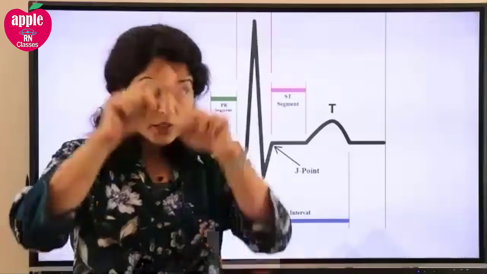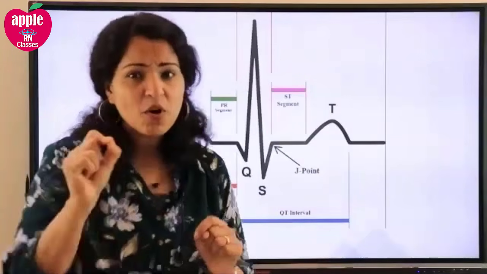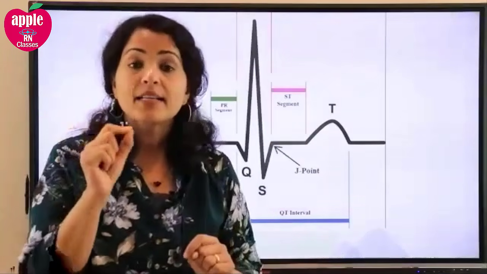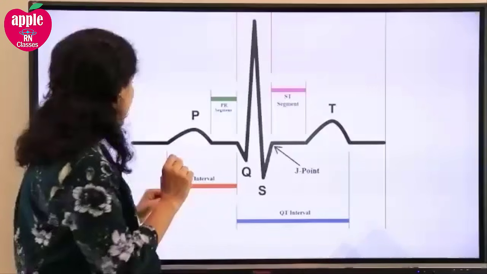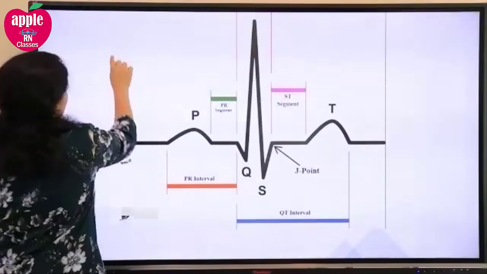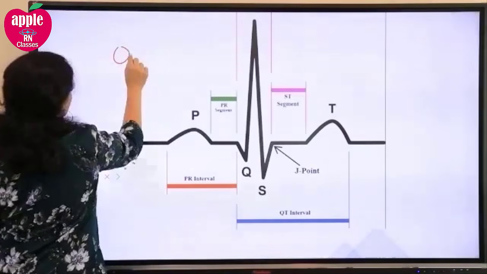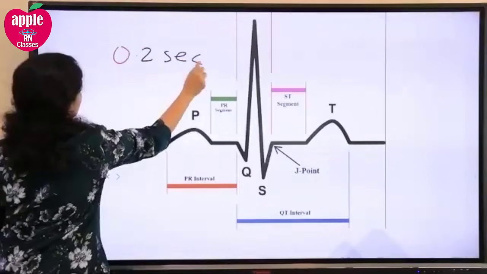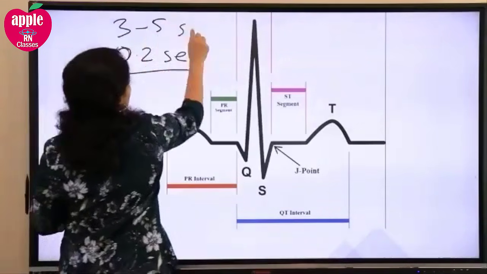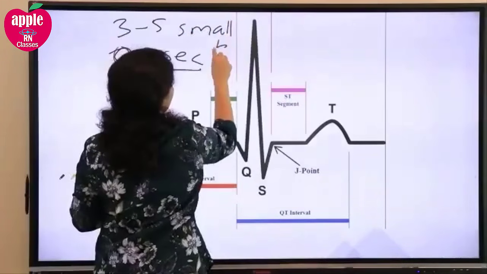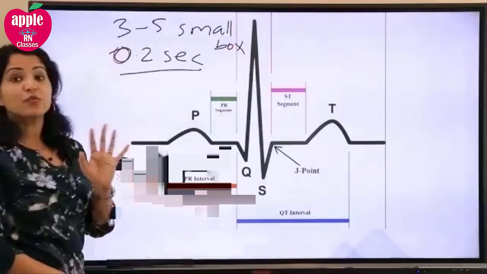Very small blocks, not the bigger one, okay? The smallest blocks, when 5 of them are together, we will say it is 0.2 seconds. That's what is normal.